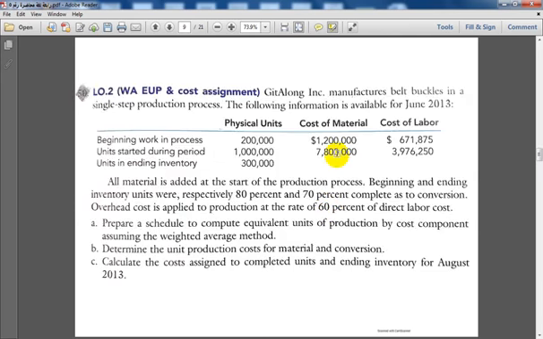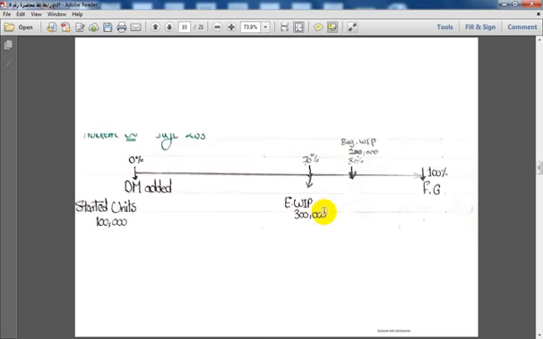The current period cost, direct material 7,800,000 plus cost of labor 3,976,250 plus overhead. Overhead equal cost of labor times 60%.